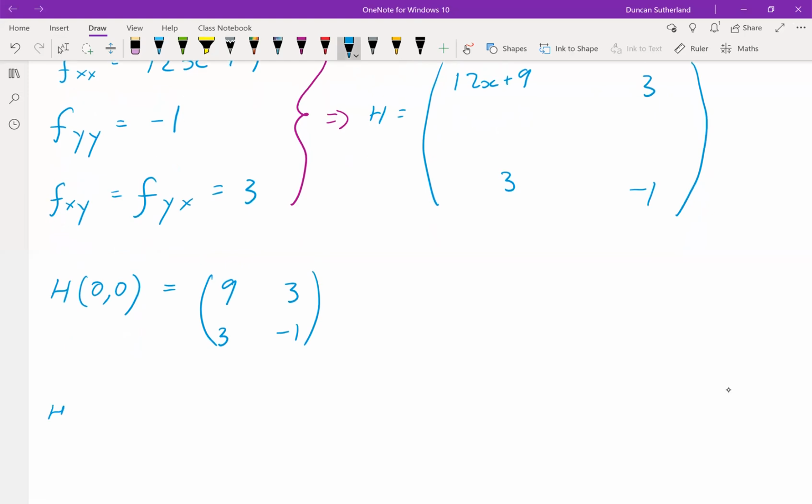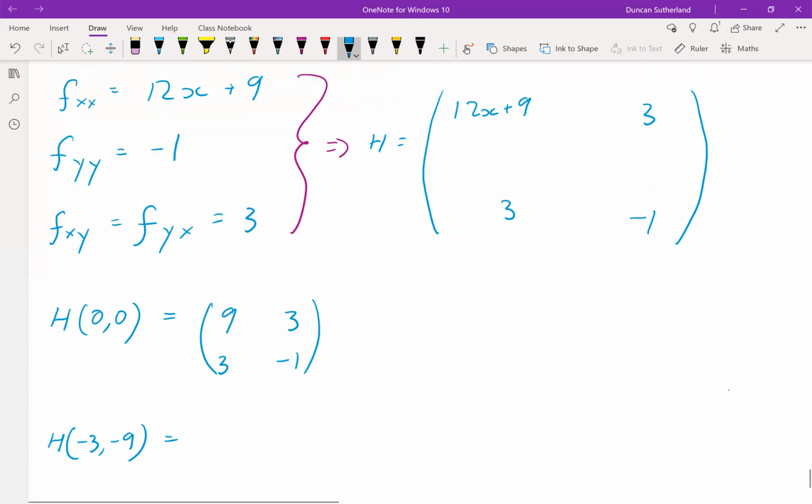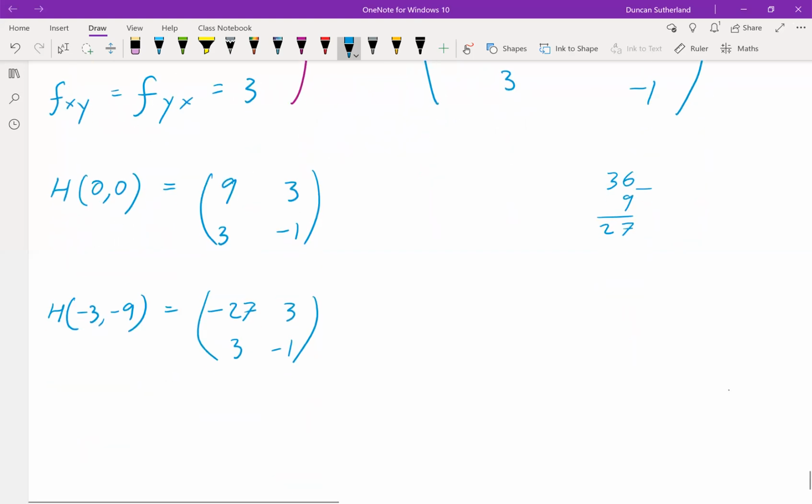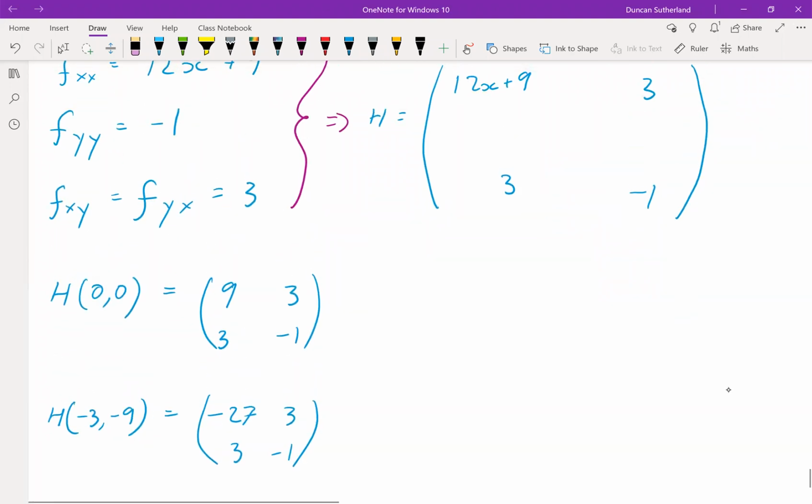The Hessian matrix at -3, -9, -36, what's 9 from -36? That's -27. So -27, 3, 3, -1. All right.